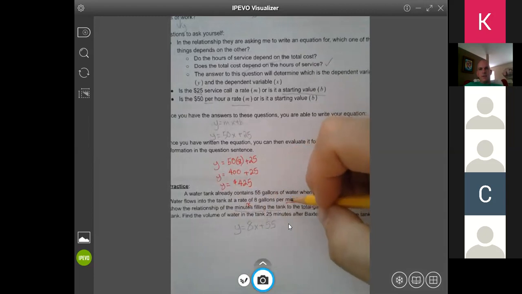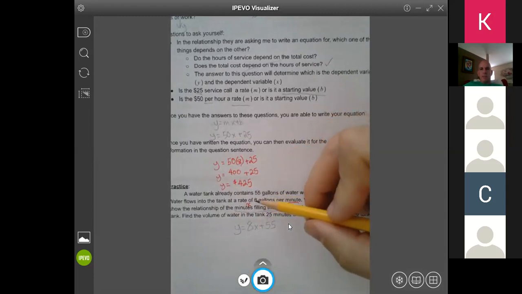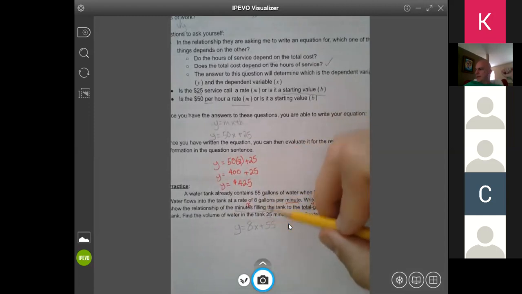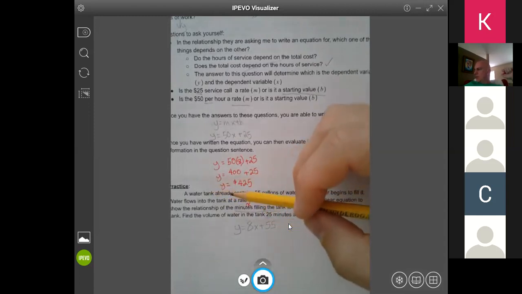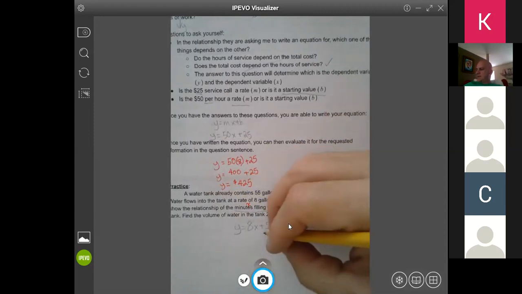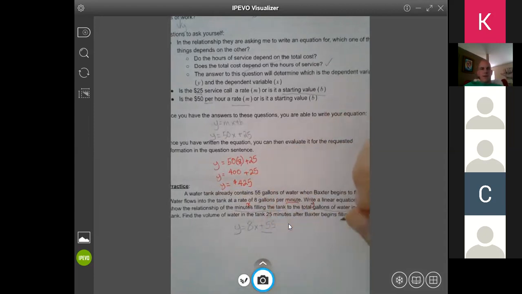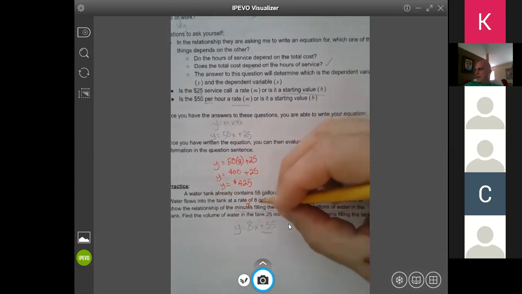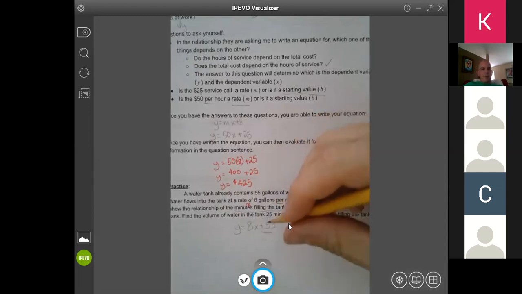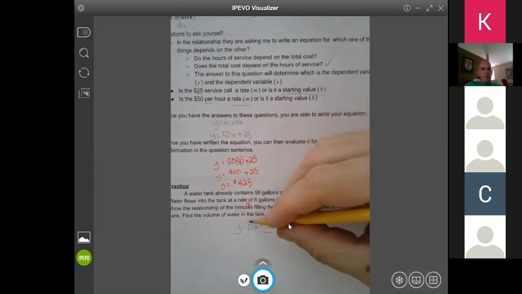This 55 is the number of gallons in the tank initially. If it says already contains, starts with, or begins with, that is a starting value, that plus b part. Then this 8 gallons per minute, that per indicates it's our rate, our m.